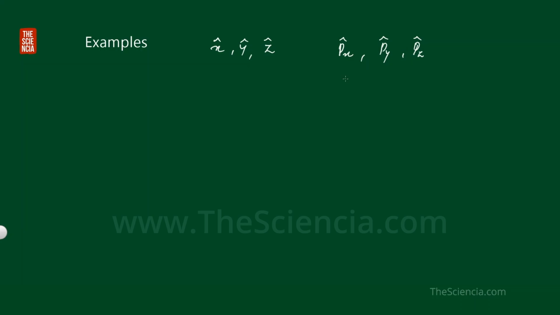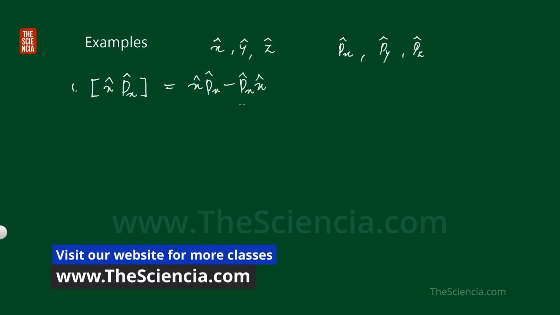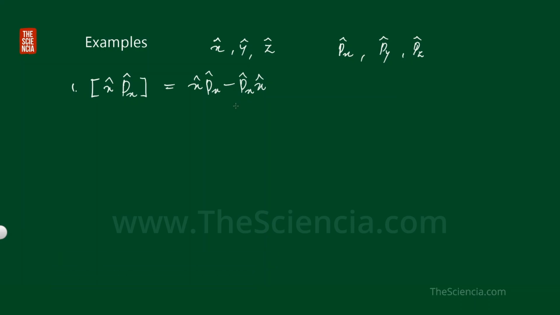Now we want to find the commutator bracket of their combinations. First I am considering the commutator bracket of x cap, px cap. From the definition, this is equal to x cap px cap minus px cap x cap. Here you know these are operators, so they should operate on something. So I am taking a state psi as a test state.